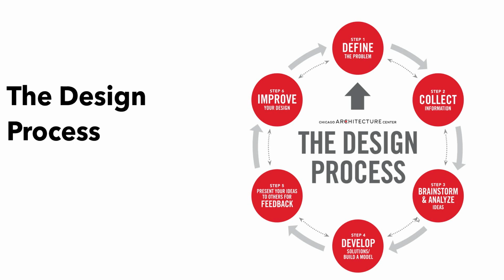After that, you are going to brainstorm and analyze your ideas, and then develop the solutions. You might build a prototype or a model for your idea, and then present your idea to others for feedback. After you take feedback from people who criticize your work, you are then going to improve your design.